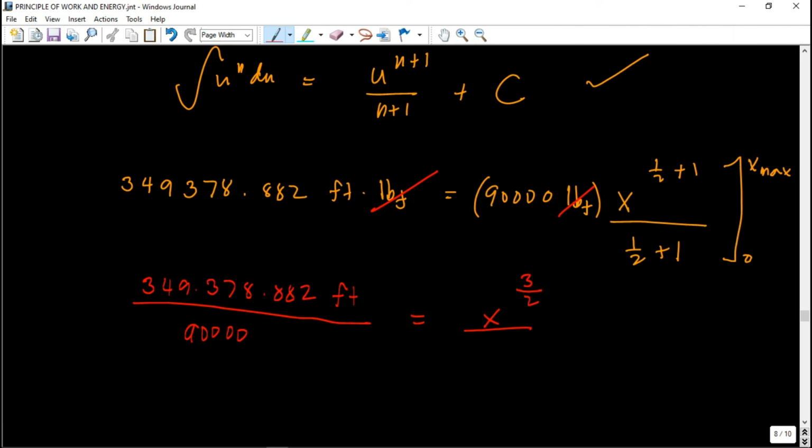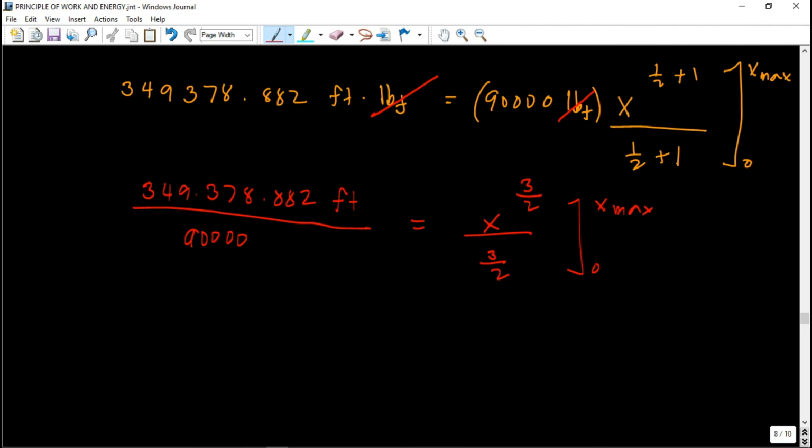So divided by 3 halves, ang limit natin is 0 to x max. Okay, so here we have 349,378.882. Okay, divided by 90,000, that is 3.882.